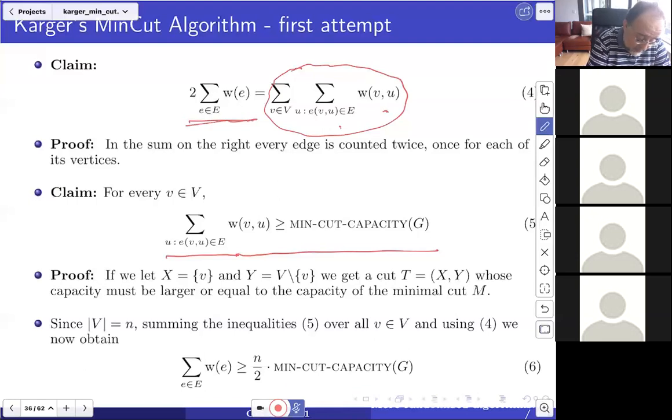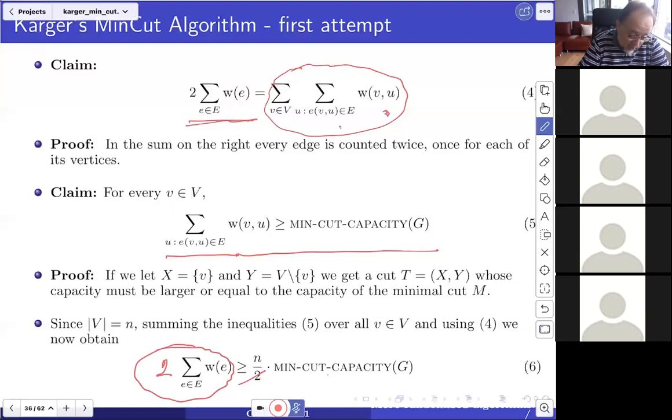So if I divide both sides by 2, then this 2 times the sum of edge weights is precisely this, and on the right-hand side, we have n times the min cut capacity of G. So if I divide by 2, I get that the sum of all weights of the edges in the graph is larger or equal than n over 2 times min cut capacity.